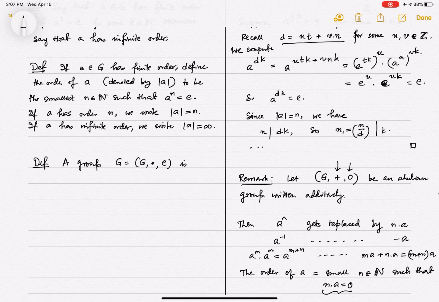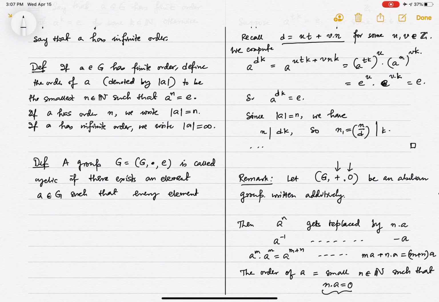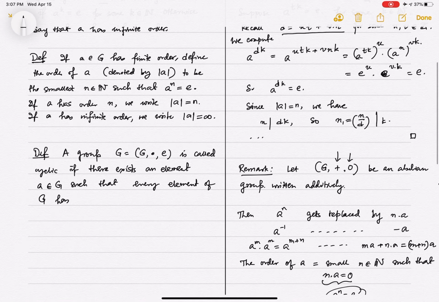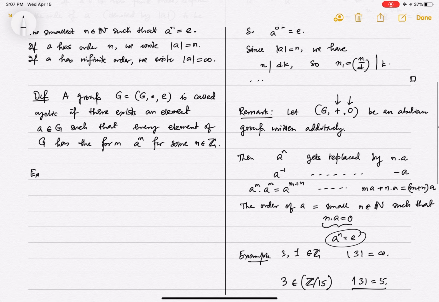A group is called cyclic if there exists an element a such that every element of G has the form a to the n for some integer n.